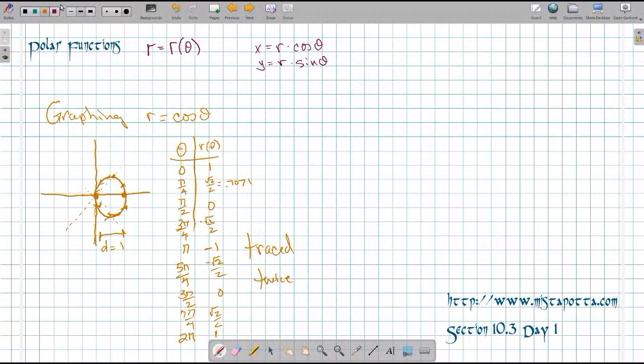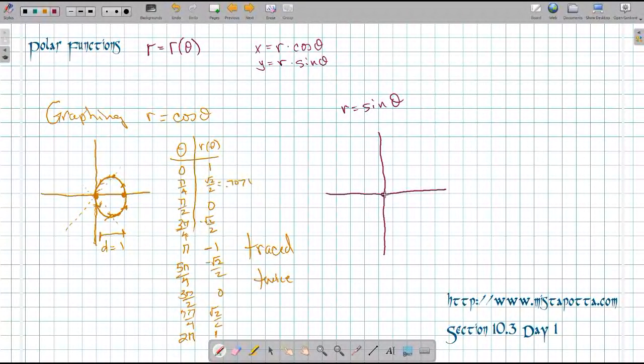And if I do the same thing for r equals sine theta, I'll notice the exact same situation. What's different is that because the sine of 0 is 0, at 0 my radius is 0.